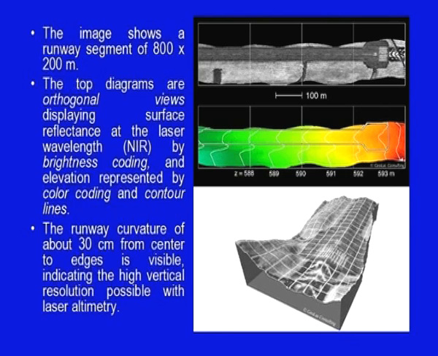This particular graphic shows the image of a runway segment of 800 by 200 meters. The top diagrams are the orthogonal views displaying the surface reflectance at the laser wavelength, that is NIR, by brightness coding, and the elevation represented by color coding and contour lines.